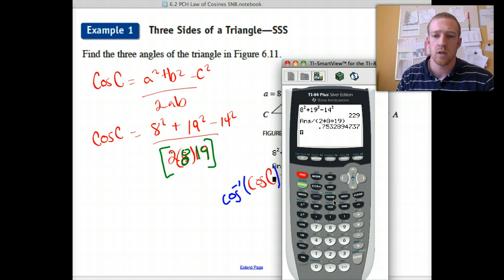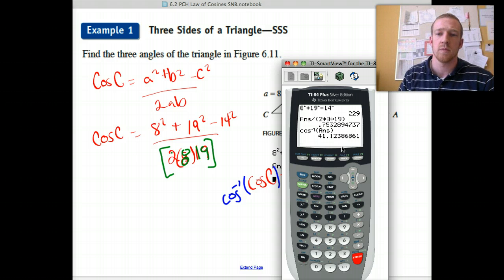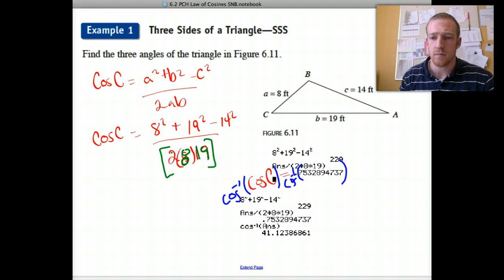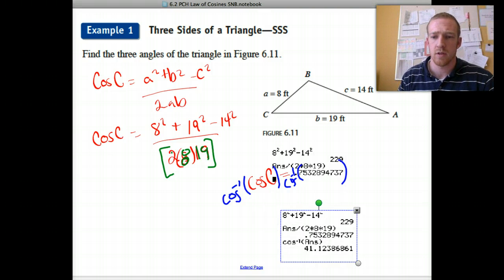So second cosine does the inverse, and I hit the second answer key, or the negative key down here, and that's going to use my previous answer. And that gives me the most precise answer I can get out of this machine. So now, here we go. This is our final answer for the angle.